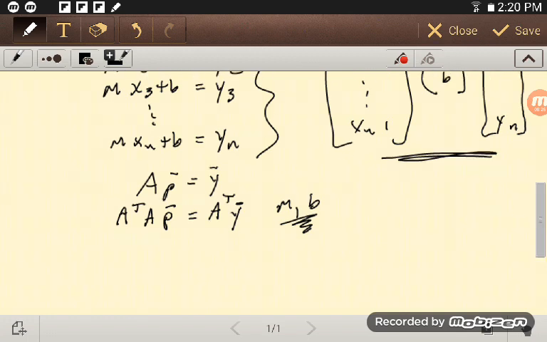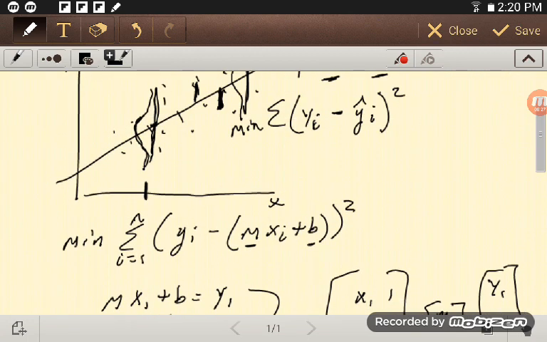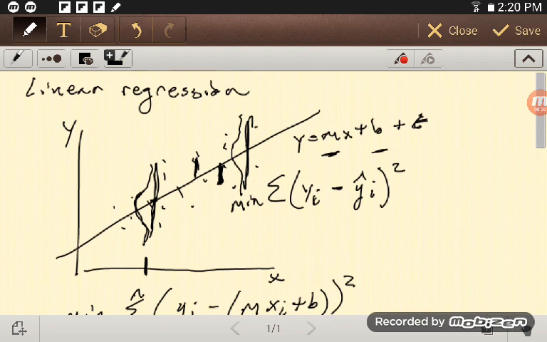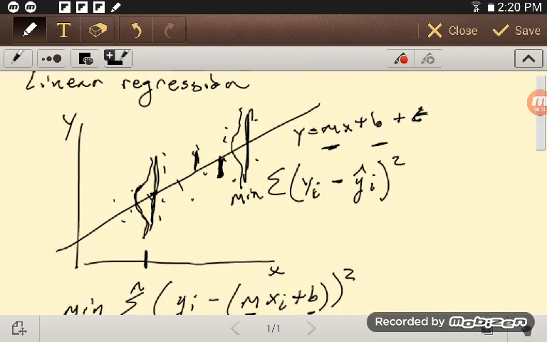But somehow or other, we can get a solution, and we'll just use technology to get that solution, to find the minimum of those sums of the model. So here's our model, and how much our data deviate from the model. That's all this is summing up. There's our data, there's our model.